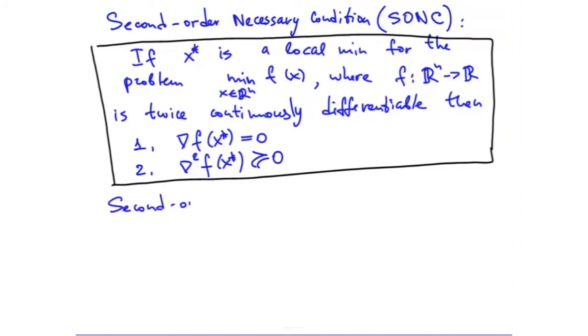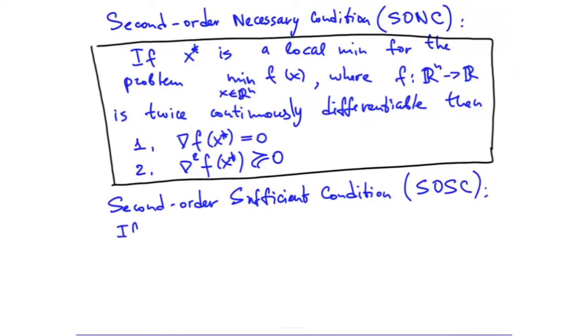For the second order sufficient condition, which is SOSC, you would typically check it only for the points that satisfy the second order necessary conditions, because if x star is a minimizer, it must satisfy the second order necessary conditions, right?